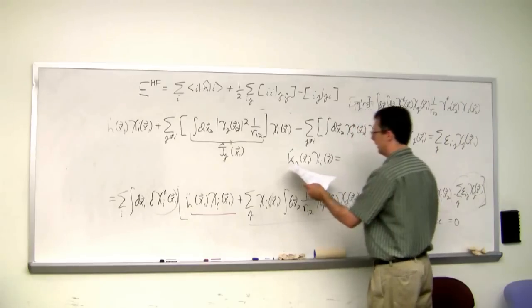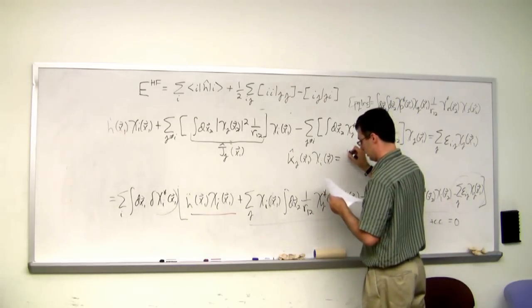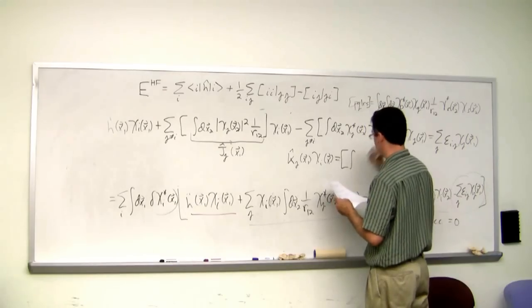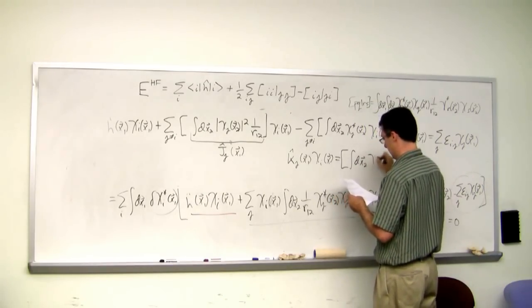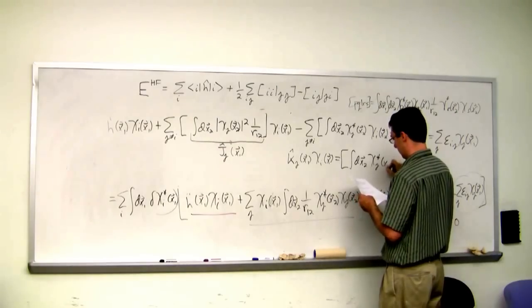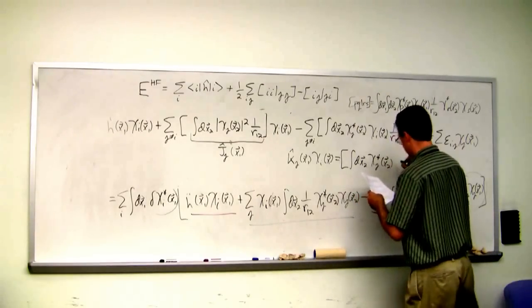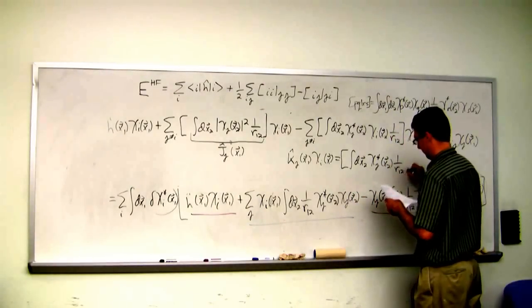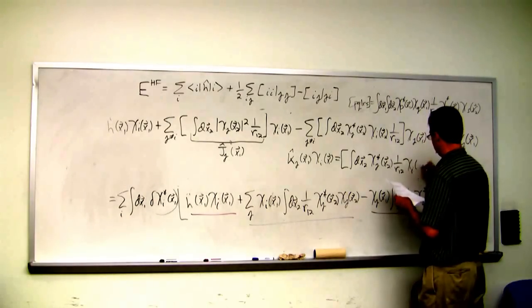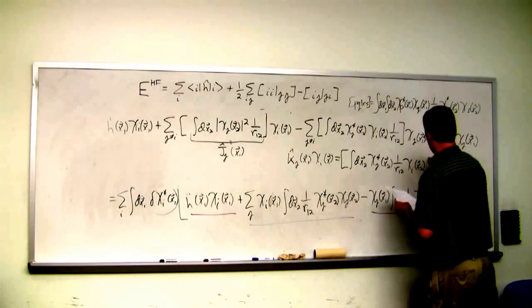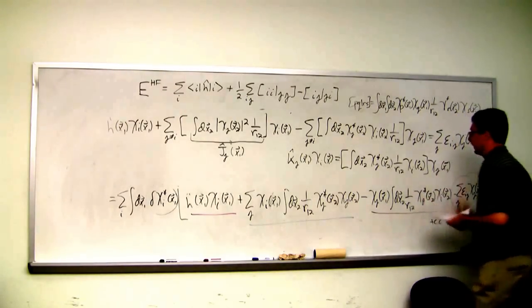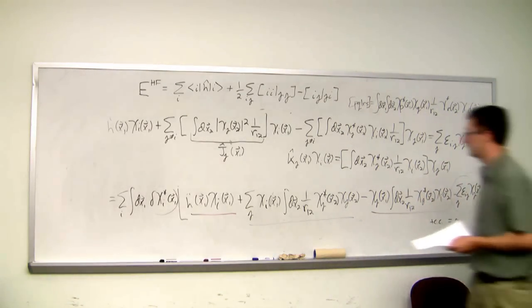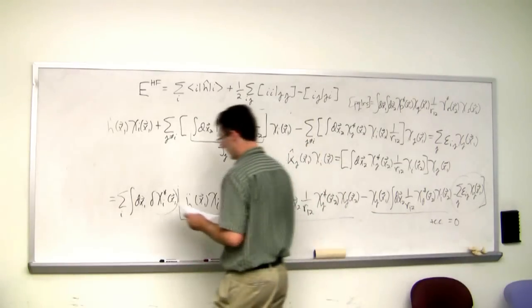And when you act this operator on this orbital, you're going to get this stuff I have up top: the integral dx2 chi_j star of x2, 1 over R12, chi_i of x2, times chi_j of x1. All right, that's going to be my definition of K_j.